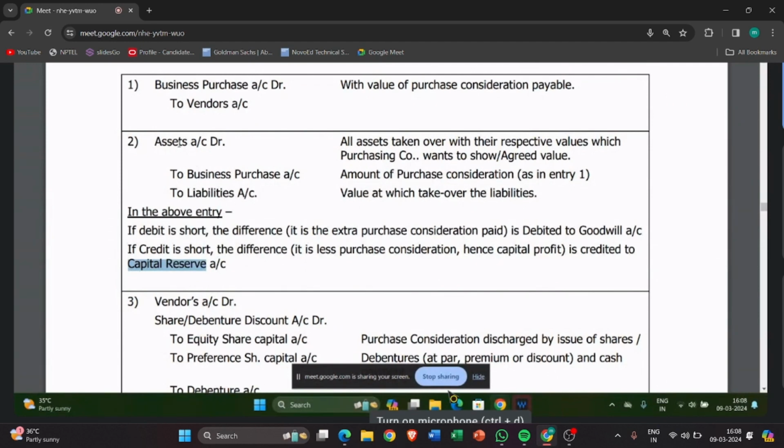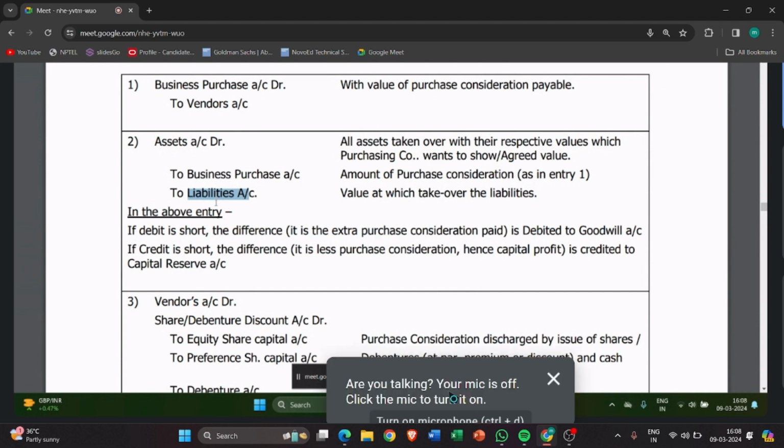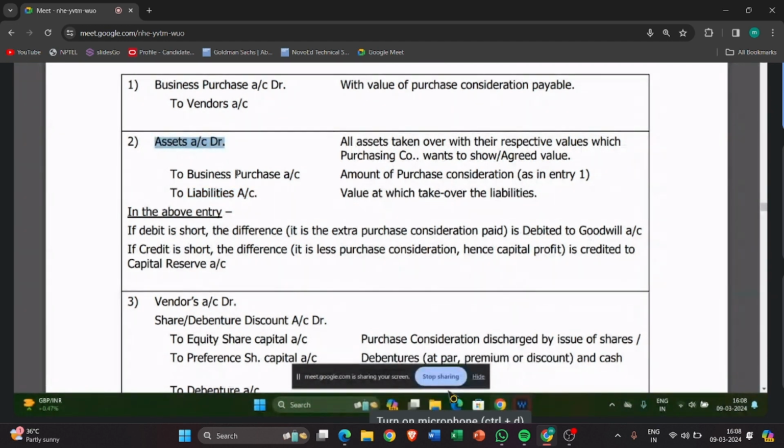Which means after writing this entry, assets at their agreed values, you will leave a line to business purchased at purchase consideration, which is given in the sum or you have calculated, to liabilities at agreed values. Then you will add the debit and you will add the credit. Then you will see where the difference is. If the difference is in the debit, so debit is less, so it is goodwill. If the credit is less, then it is capital reserve.